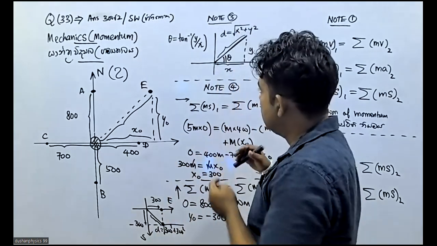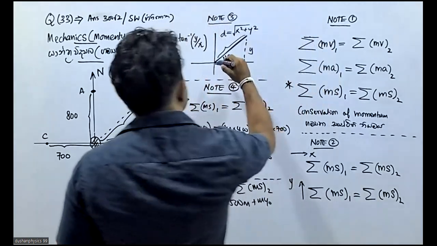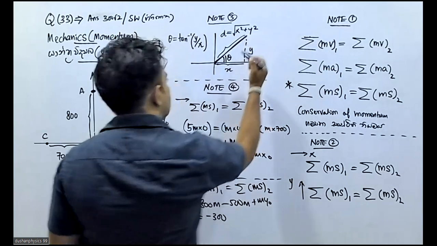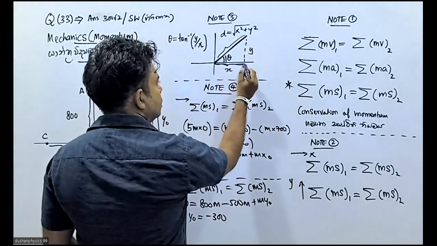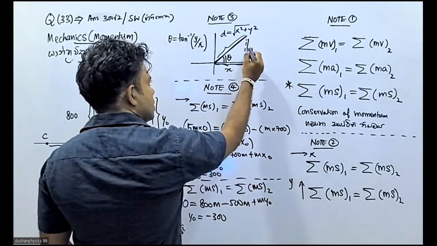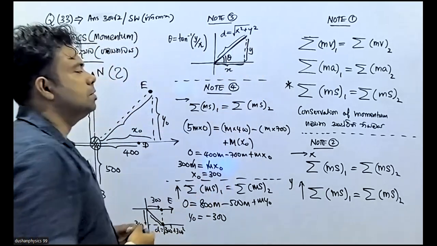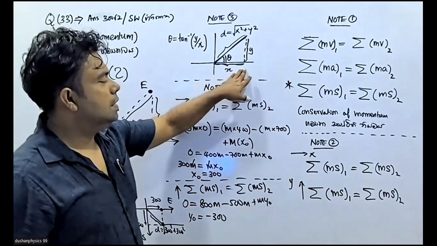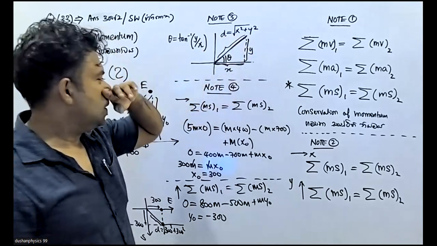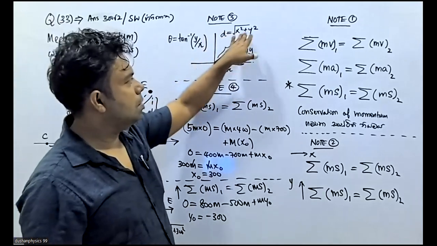In order to get the displacement, you should know the x-axis value and the y-axis value. Then you can get the resultant displacement. The resultant equals the square root of x squared plus y squared.